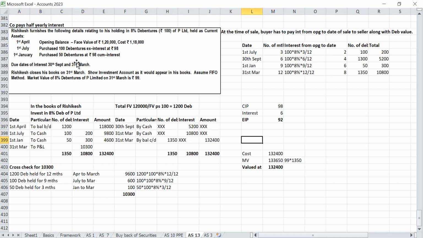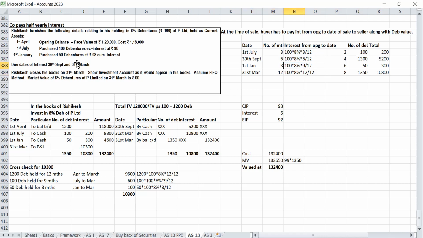Now the next transaction, 1st January, to cash. If you now have to compute on 1st January, what is the number of months? You have to count from September, because up to September the company has paid. I have received the debenture interest from the company itself; you need not pay. From October, November, December, 3 months of interest.